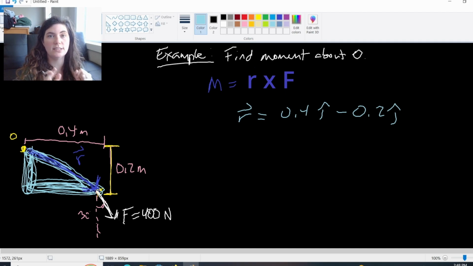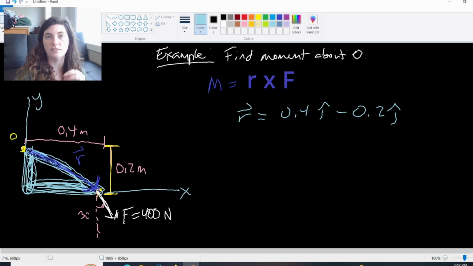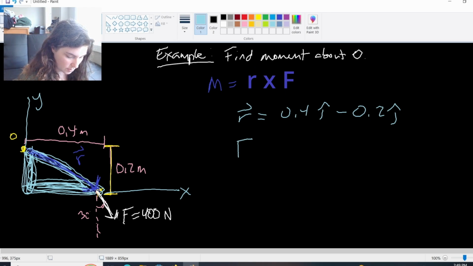I do want to keep the positive x and y axes, these sign conventions for positive and negative, because they're going to affect the direction of our moment. So my R, my x is in the positive x direction, but my y is in the negative y direction.